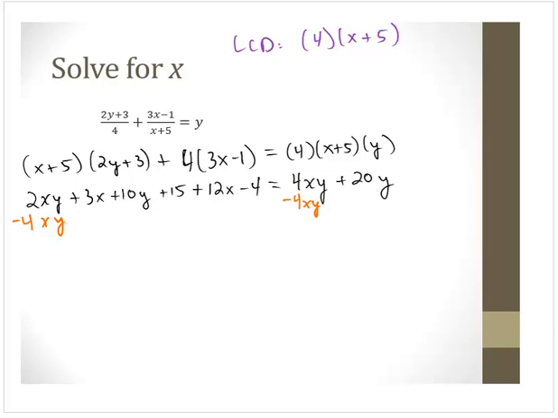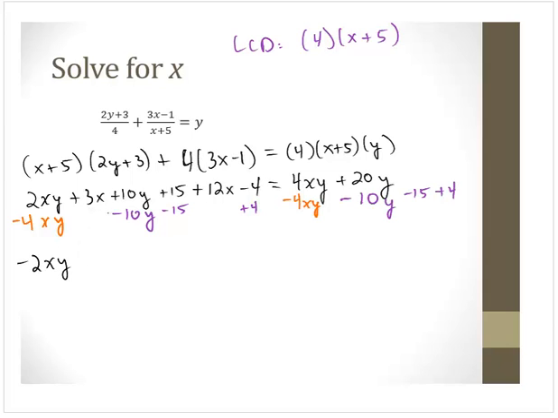Everything that doesn't have an x, I'm going to move to the right. So I'm going to subtract this 10y. It has a like term over here. And I'm going to subtract 15, and I'm going to add 4. Yielding 2xy minus 4xy, that's a negative 2xy.